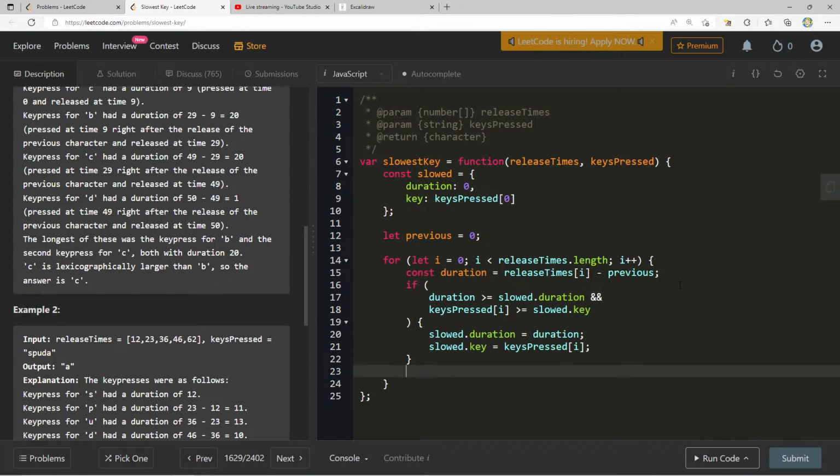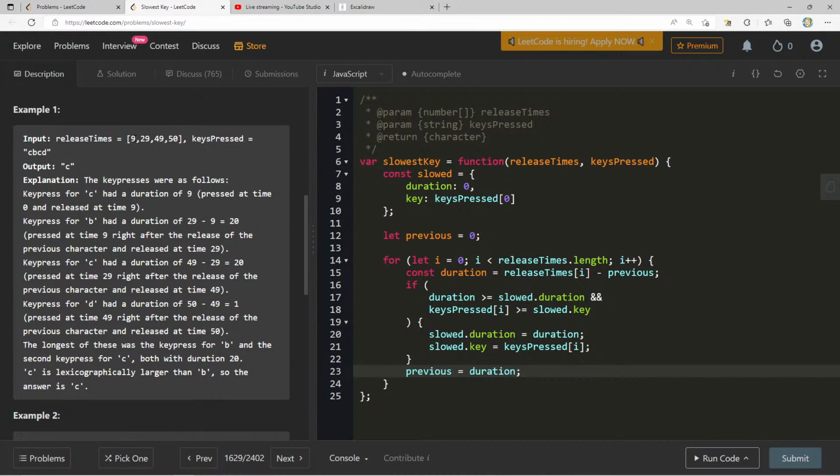And then at the end, we'll say that previous equals this new duration. So when we get to the next one, we can do 29 minus 9, or actually previous should equal release times of i. So duration equals release times of i minus previous. And then at the end, we should just be able to return slowest dot key.